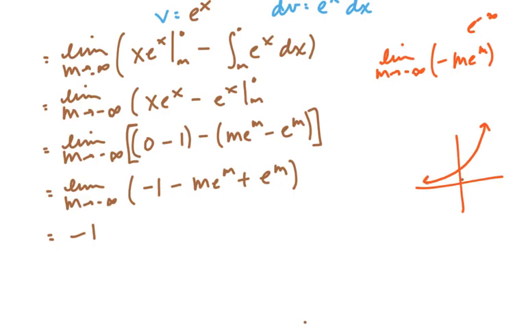As we approach negative infinity on this graph, we're approaching a y value of 0. So this is technically 0, and this is negative infinity. So we have a negative infinity times 0. That's an indeterminate form. Do you see where these came from?